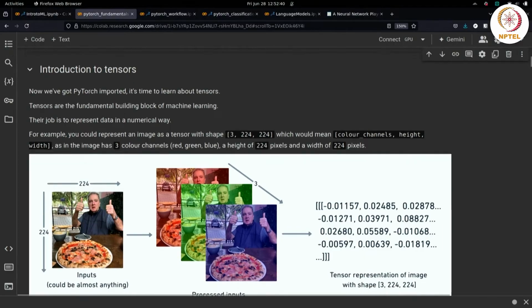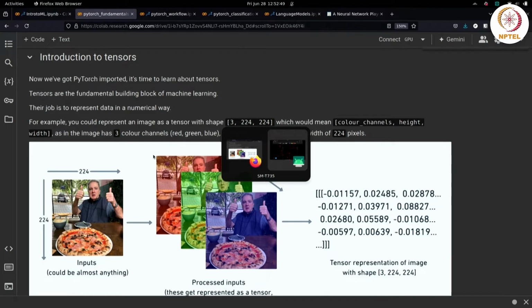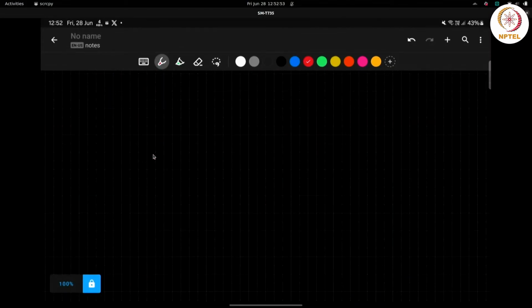So one central concept to PyTorch is this entity called Tensor, right? You would be familiar with the differentiation between a scalar, a vector, a matrix, and a tensor. This is some single real valued number.